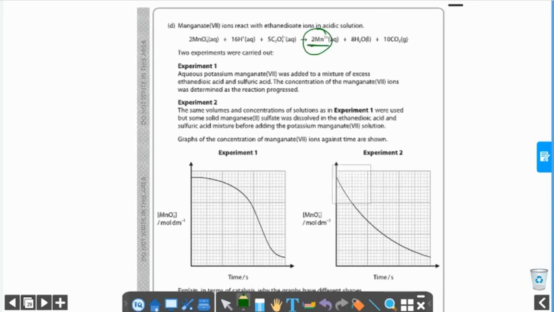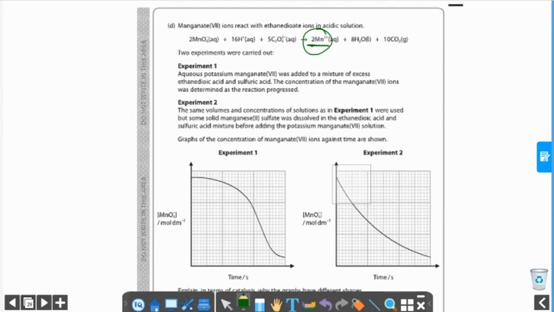If you remember, this specific reaction is an autocatalytic reaction. In the theory I explained about autocatalytic reactions: a reaction where the product catalyzes the reaction is known as an autocatalytic reaction.